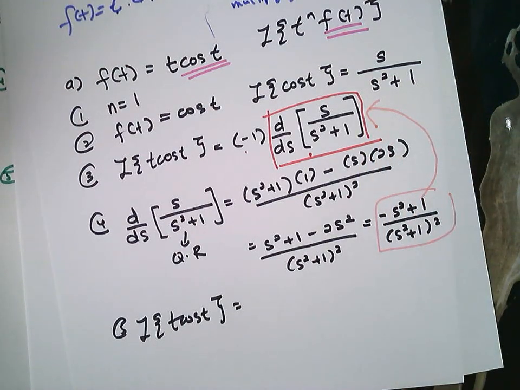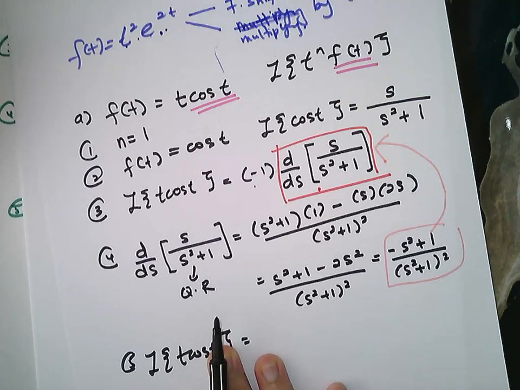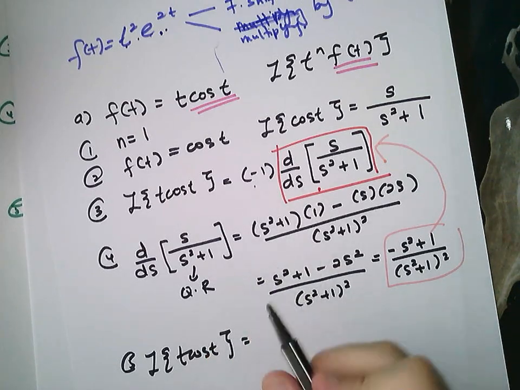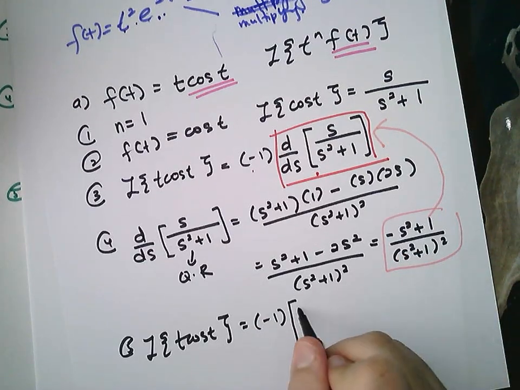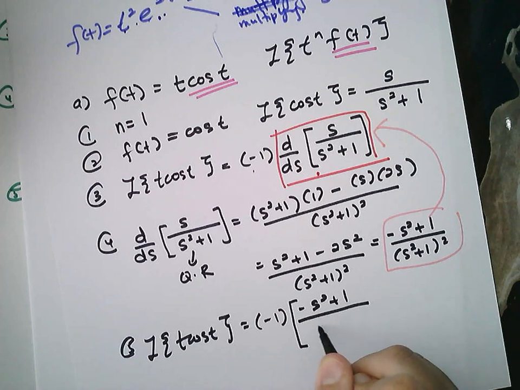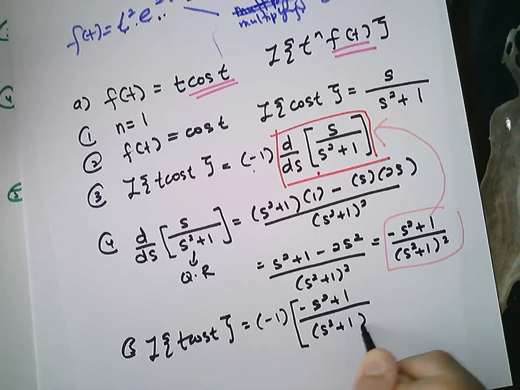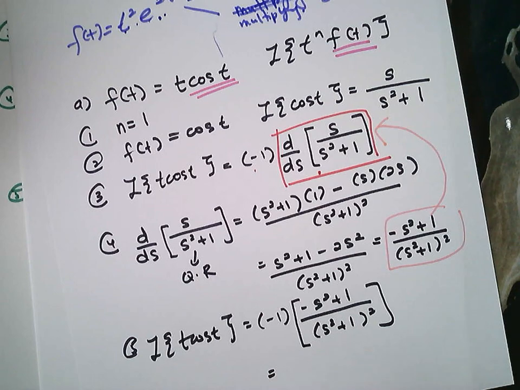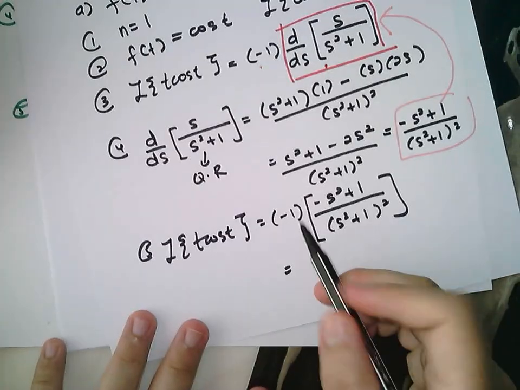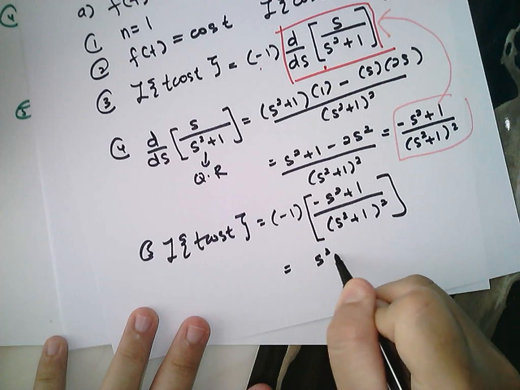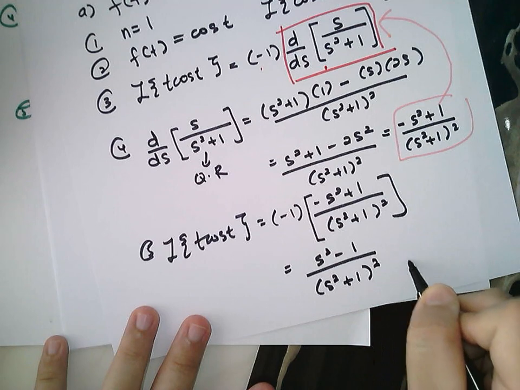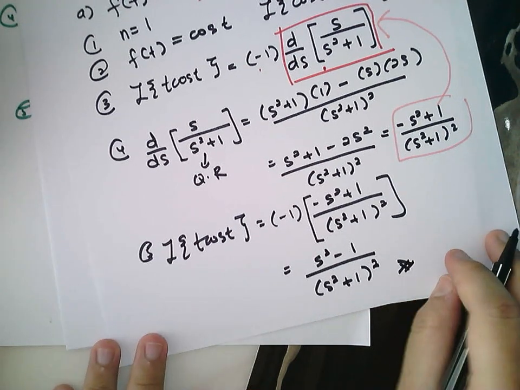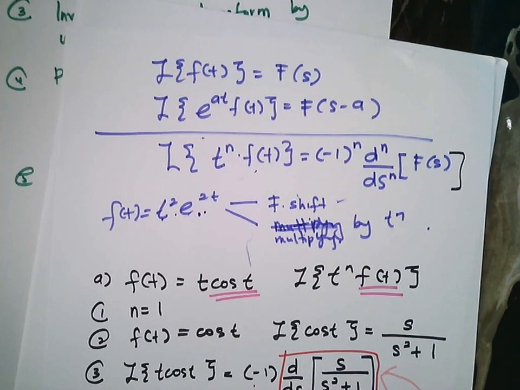So you will have Laplace of t cos t is equal to negative 1 multiplied by this function, negative s squared plus 1 over s squared plus 1 the whole thing squared. Therefore, expanding this will give you s squared minus 1 over s squared plus 1 the whole thing squared. So this is the final answer. So this is how you apply multiplying by t^n function.